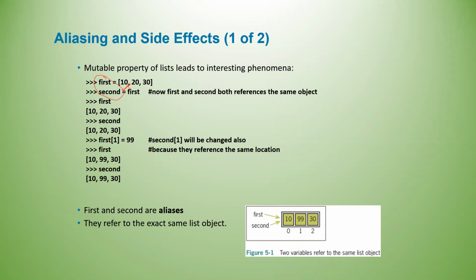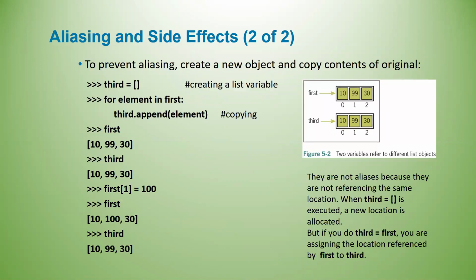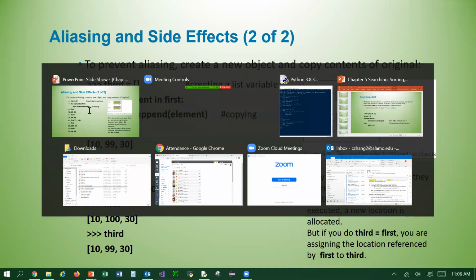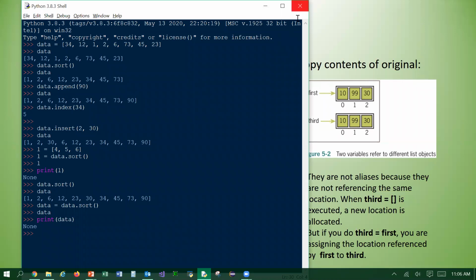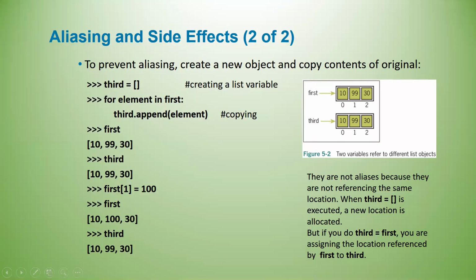Sometimes you will have problems, because if you intend them to be two separate lists and you want to deal with them differently, they are actually the same list. Let me just do this. I'm going to close this.